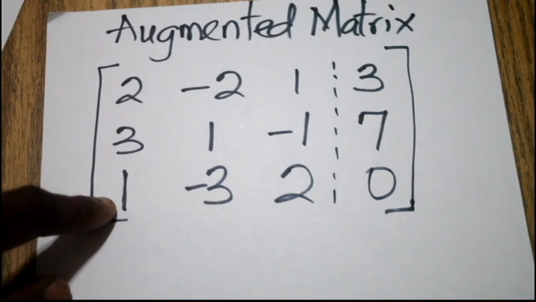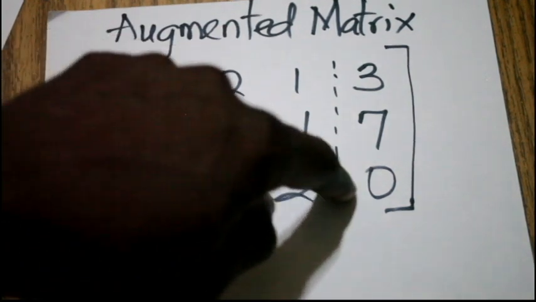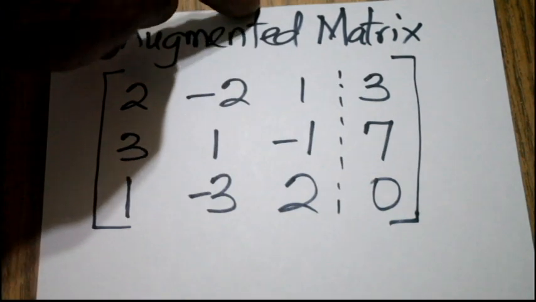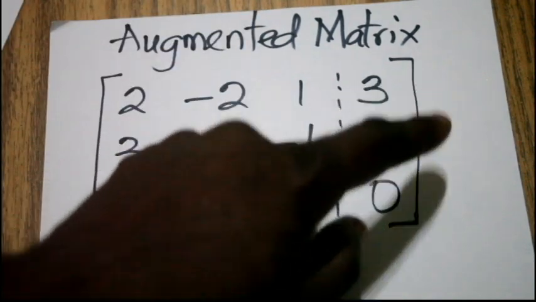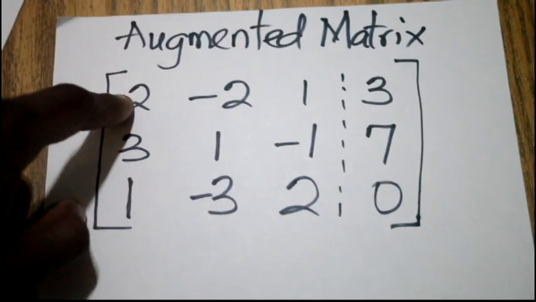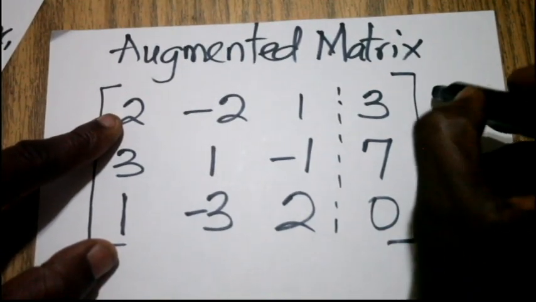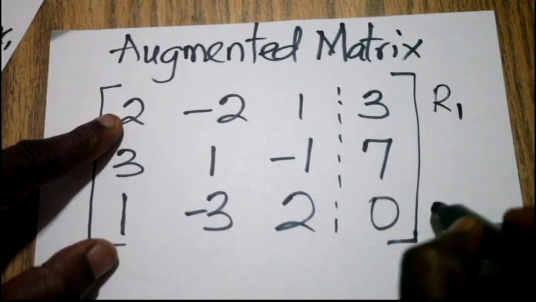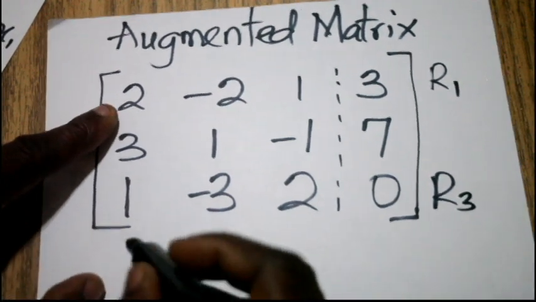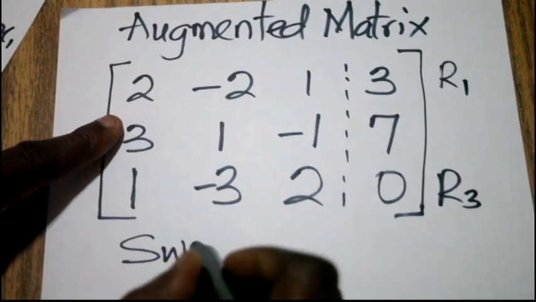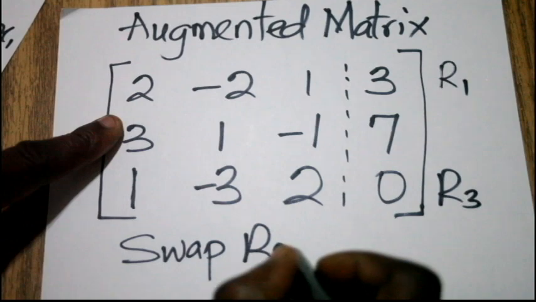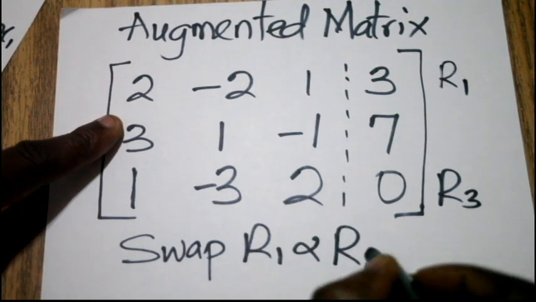You could swap the 1 that is at the bottom of row 3, the entire row, up. That is like swapping row 1 and row 3, so that we can have 1 at this side. This is row 1 and row 3. So let's swap R1 and R3.